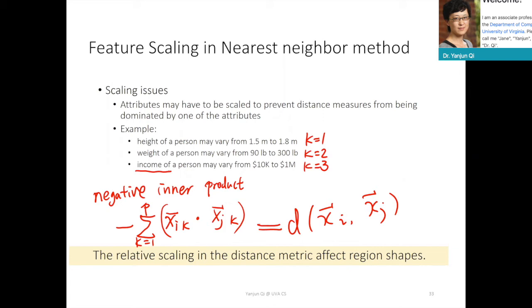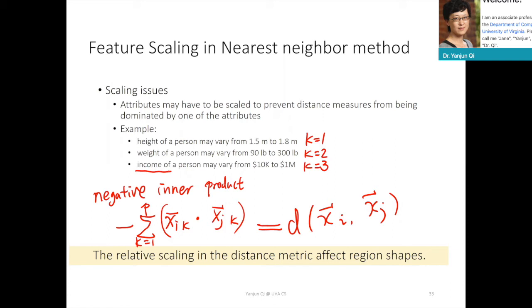It doesn't really matter what the height or weight is, no matter how large they are, because the number in this income dimension is just so large and dominating. So when you use this type of calculation, you need to be very mindful of the scales of your features.